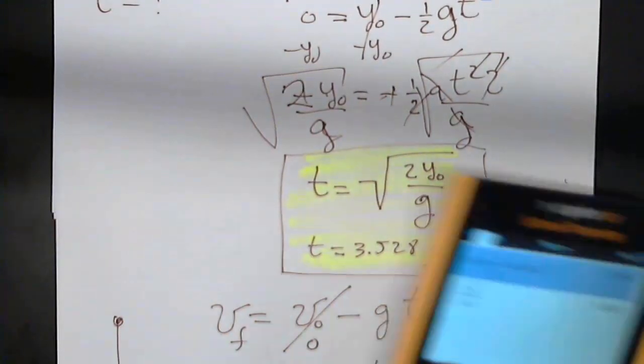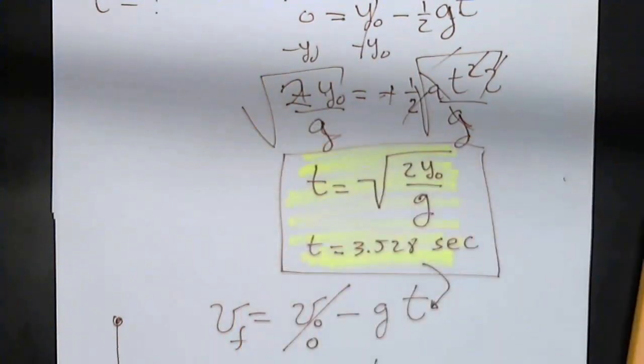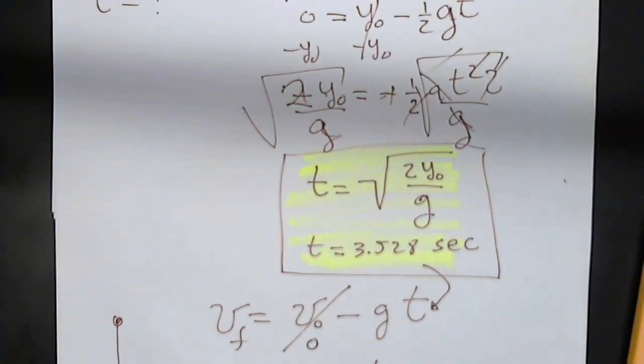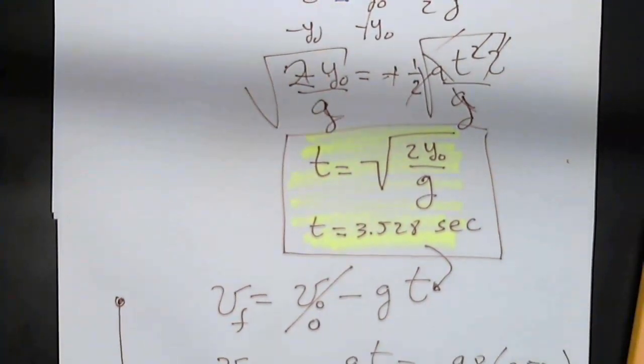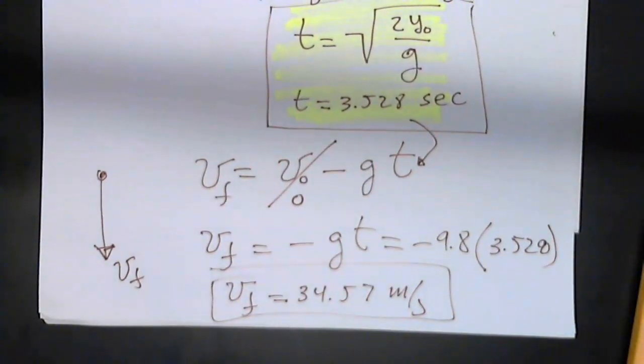So you get the number that is there in the calculator and multiply it times 9.8, and that is moving, oh, that's close to 100 miles per hour, because it's 34.57 meters per second. And this is how fast it's moving right before hitting the ground.